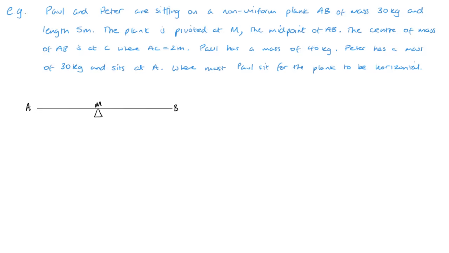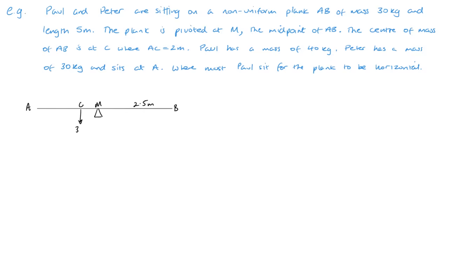This leaves me 2.5 meters either side. The center of mass of AB is at C, where AC equals 2 meters. So there is the center of mass.